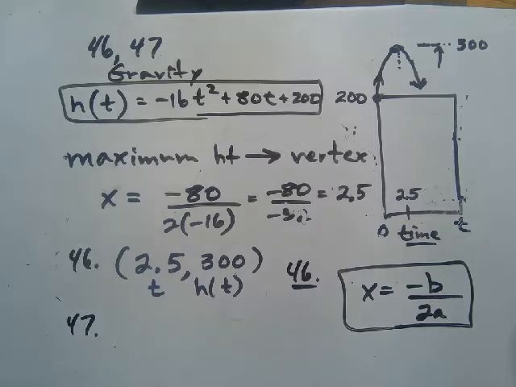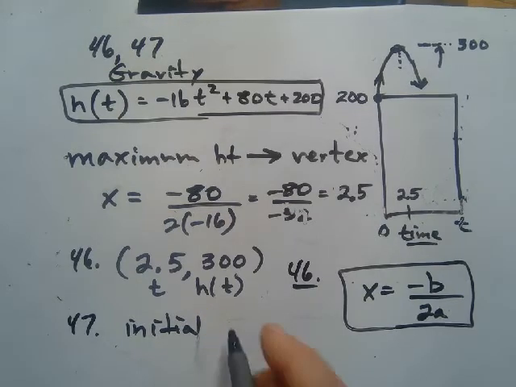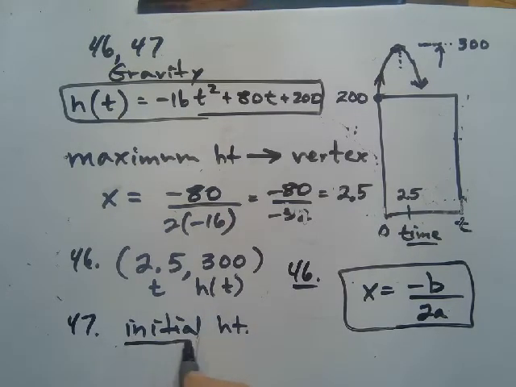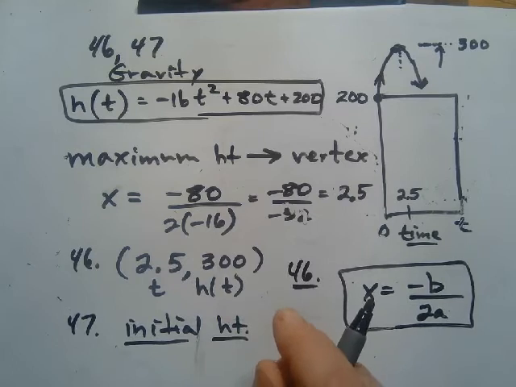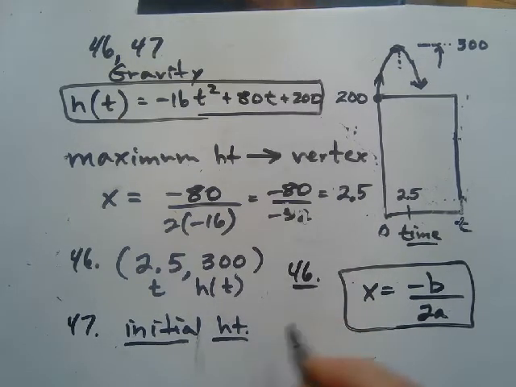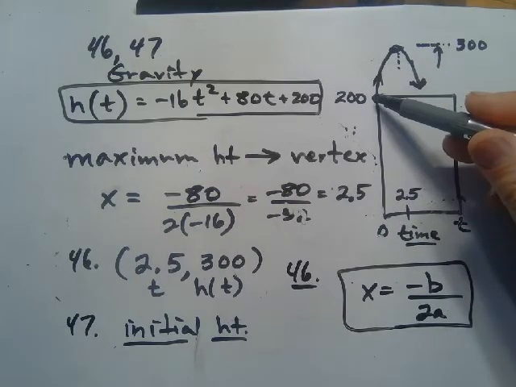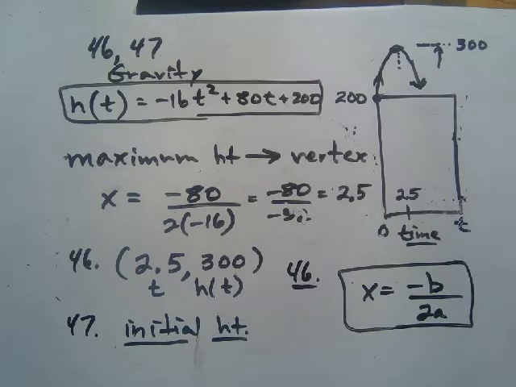The meaning of the y-intercept is that it is the initial height. In other words, when the clock starts, what is the initial height of the object? So the y-intercept is the same as the initial value, the initial height. And that is something that we've kind of used to seeing in linear equations as well.